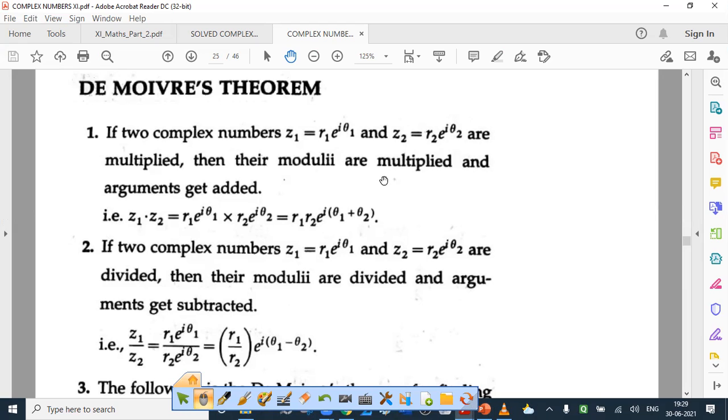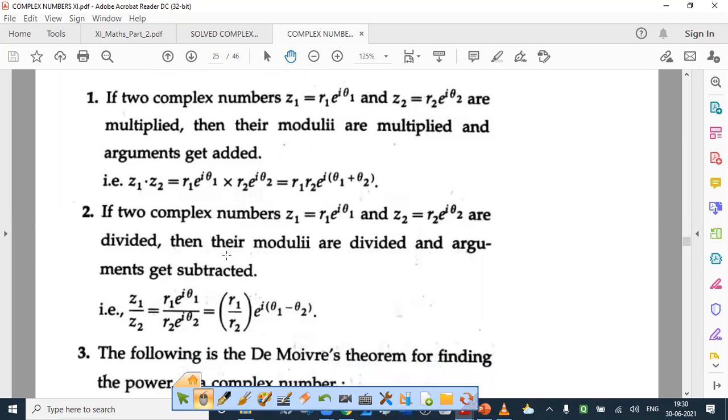So their moduli are multiplied and arguments are added, as per laws of indices. So their product is r1 r2 e raised to i theta 1 plus i theta 2. Take i common to get theta 1 plus theta 2. So the conclusion is when two complex numbers are multiplied, their moduli are multiplied and arguments get added.